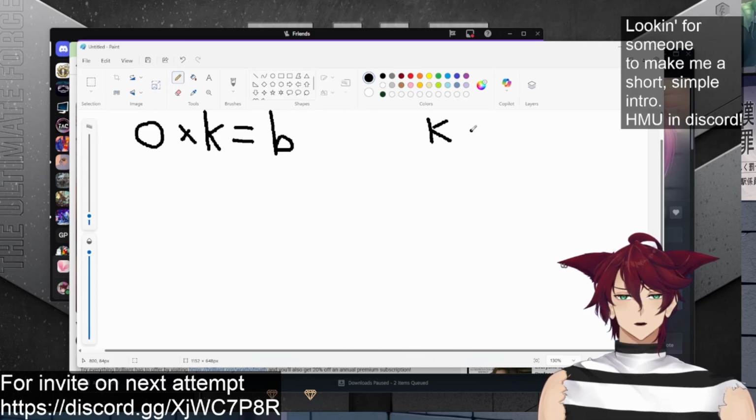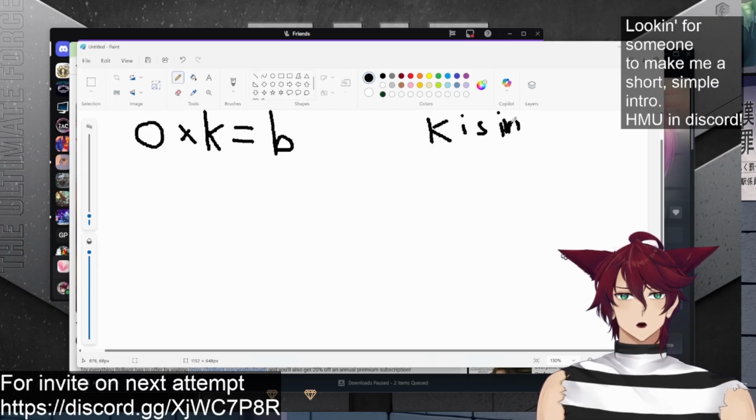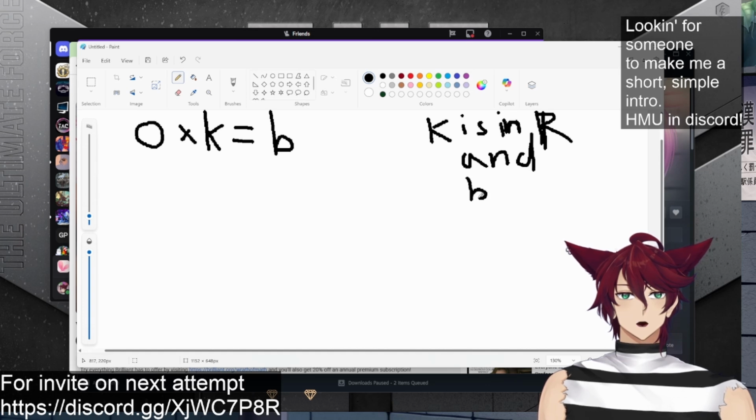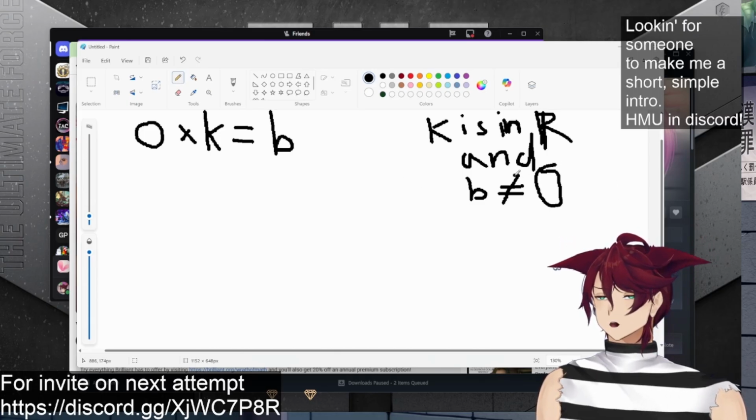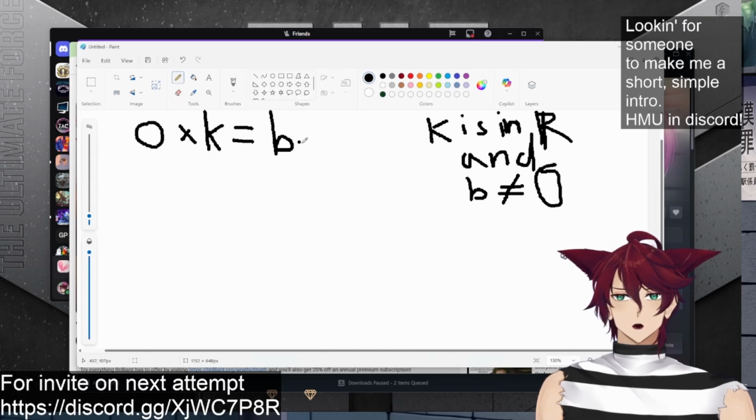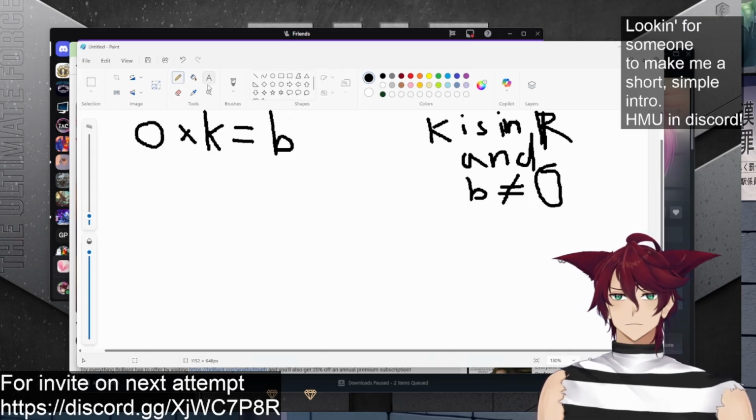I don't remember the notation, but k is in the reals, and b does not equal 0. So I don't remember what this type of proof is called, but we're supposing the opposite of what we want to prove, right?